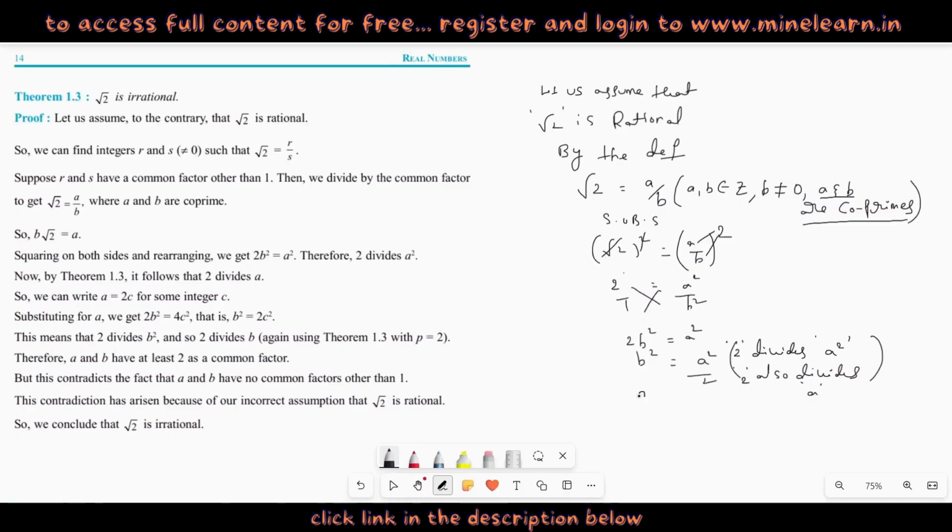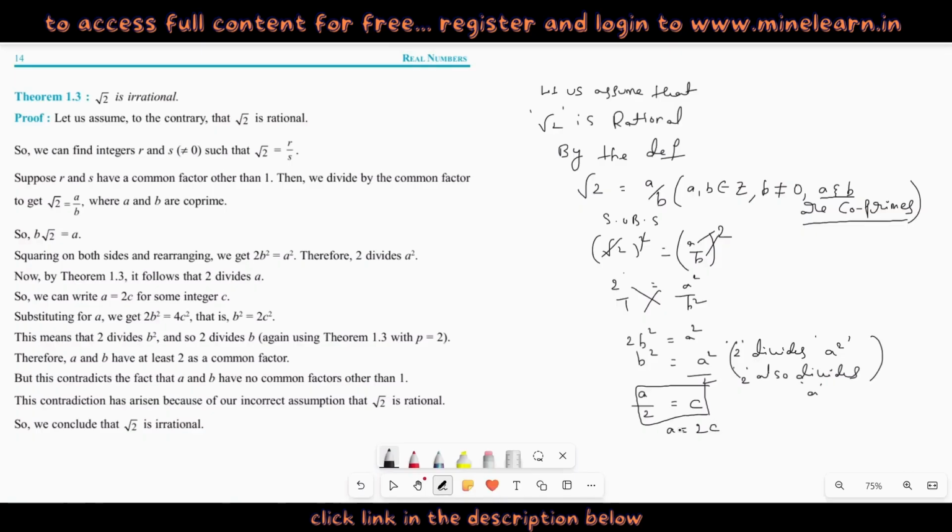So a is divisible by 2. If we divide a by 2, we get a quotient c. That means c is the quotient, and a equals 2c.